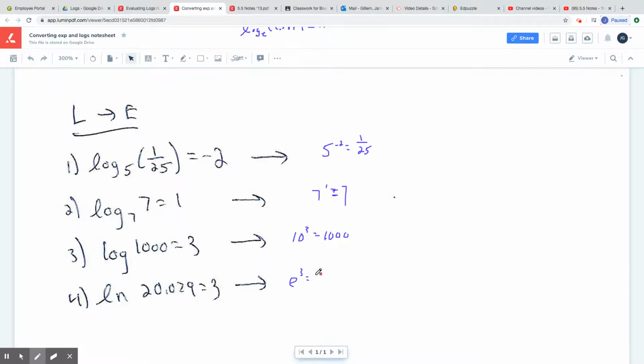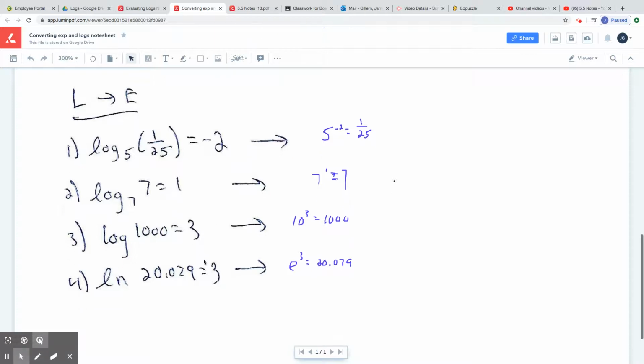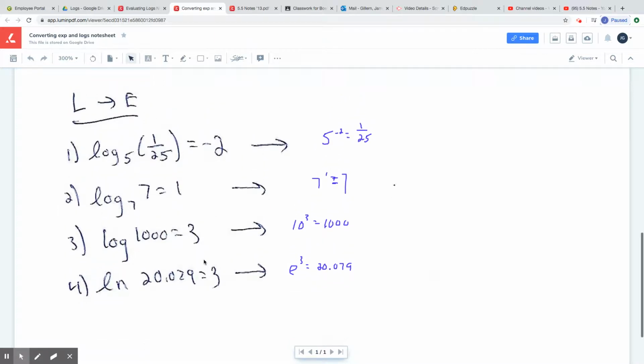Actually, it might be right, 2.079. Because 3 cubed is 27, 2 cubed is 8, yes, that could be right. So when there's no base here, it's e. e to the right side, the 3, equals left. Left, right, left. That's how you convert from logs to exponentials.